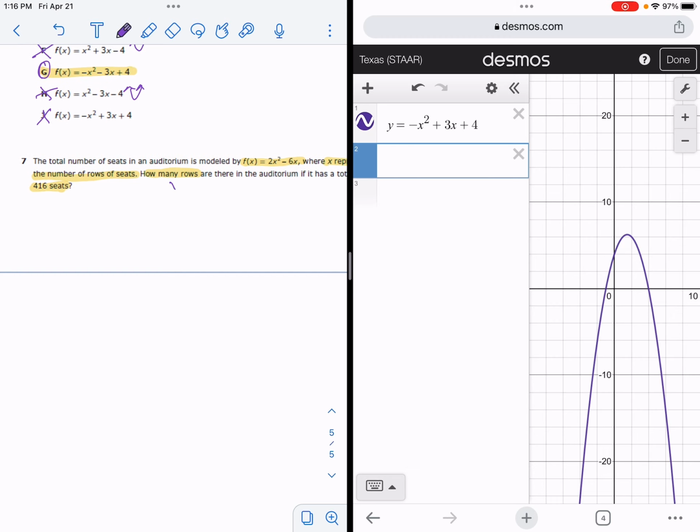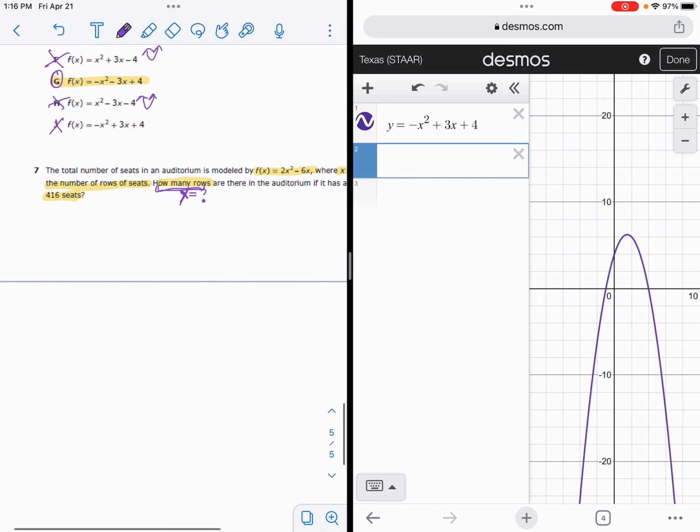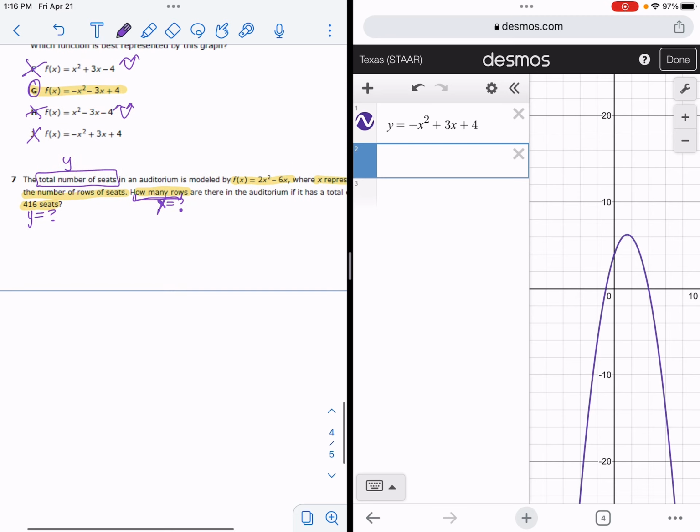They want to know what is the x value. What does x equal when there's a total of 416 seats? And so that seat number is your y value. The total number of seats is y. The rows is x. That one's kind of tricky.